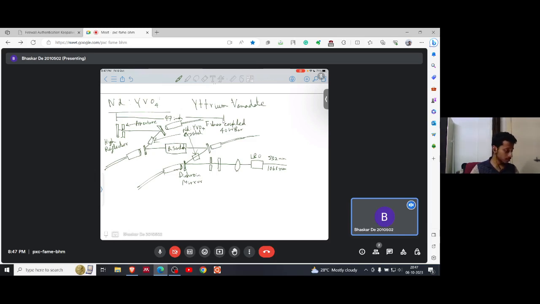So basically in this particular system, this is a recent version of the Nd:YVO4, or neodymium yttrium vanadate laser we have.